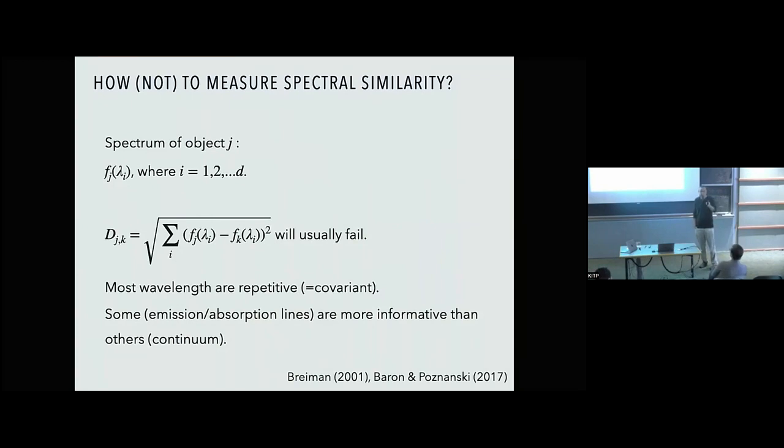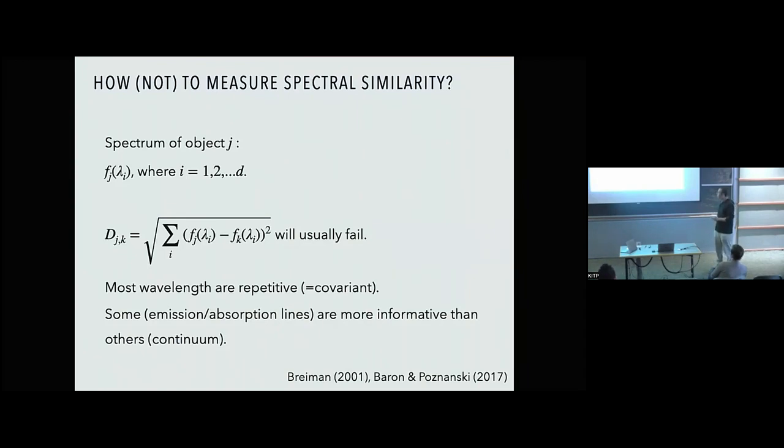This one will do what the next one will do, unless you hit a line, and then the next few wavelengths will be correlated because they're sitting on the same line. And that line will correlate with another line. And if you're in the continuum, there's a lot less information. So there's both a big variance in information content, and also, this is something I will go back to, Euclidean distances in large dimensionality are not very useful.